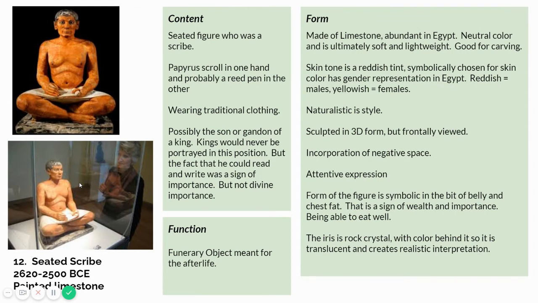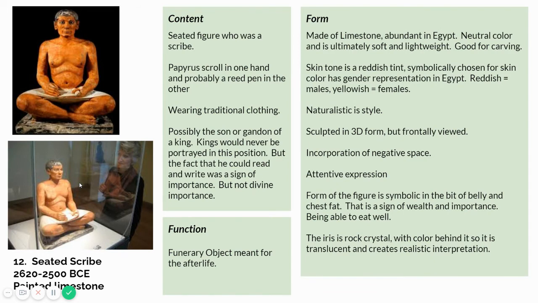The belly and the chest show some representations of some fat, a little bit of some rolls, and a bit of a belly there, and that is symbolic. That is purposely designed to show that this scribe was a sign of wealth and importance because he was able to eat well.